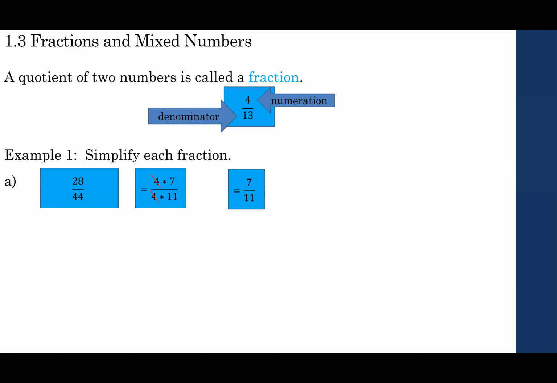Another way of saying it, which I tell my students a lot, is that instead of finding the product, or breaking it down in terms of multiplication, you can ask yourself, is there a number that can divide into the numerator and also divide into the denominator? Looking at this, it's the same thing. 28 divided by 4 gives me 7, and 44 divided by 4 gives me 11. Ask yourself, is there the same exact number that can go into the numerator and into the denominator?